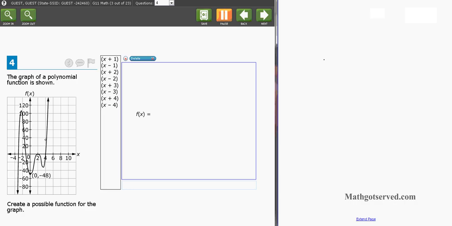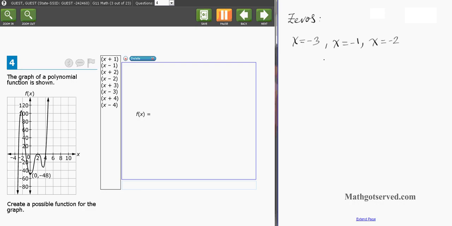So what are the zeros? The zeros are the points where the graph intersects the x-axis. Okay, so the zeros are x equals, the first one is -3, between -2 and -4, -3. We also have -1. We have -2.